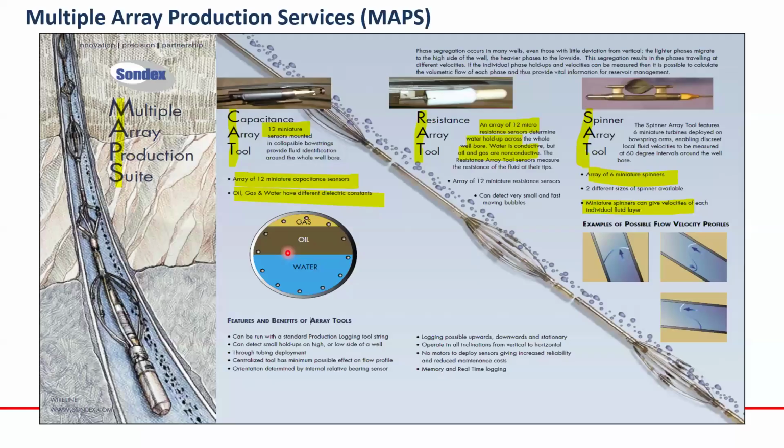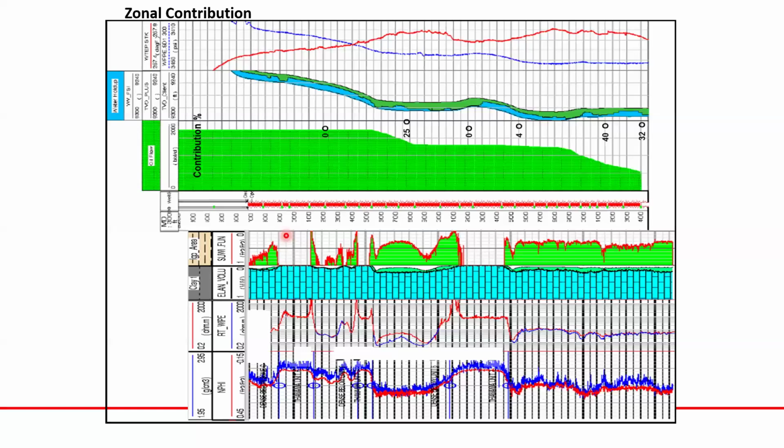This is an example of a zonal contribution. As you see here, we reached up to this point, and the rest we cannot go, so we have some fluid here. This comes from the bottom, and then we have this interval. It can give you some oil. Then all this part doesn't give anything, so only two parts give oil, and the rest we don't know.